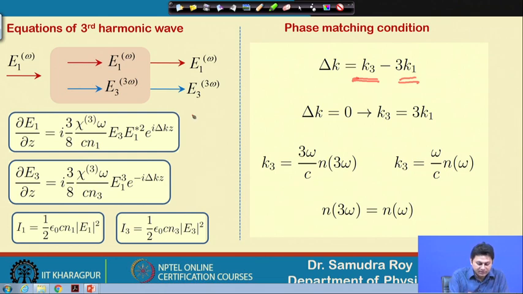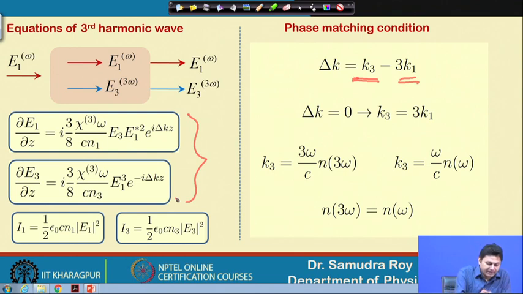These are the two differential equations which are coupled to each other as usual, and they basically govern how E1 and E3 are going to evolve.